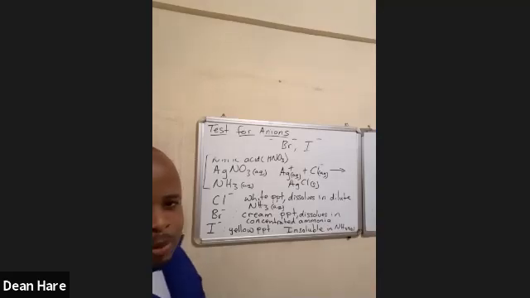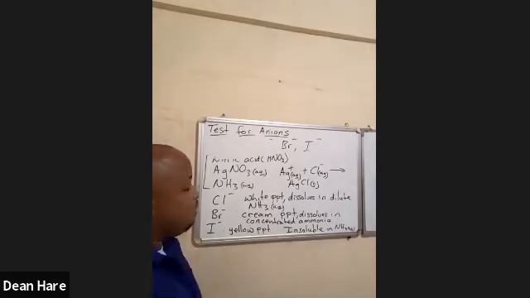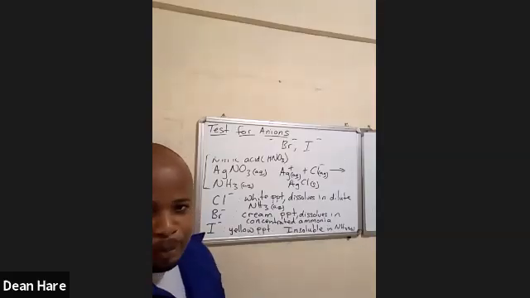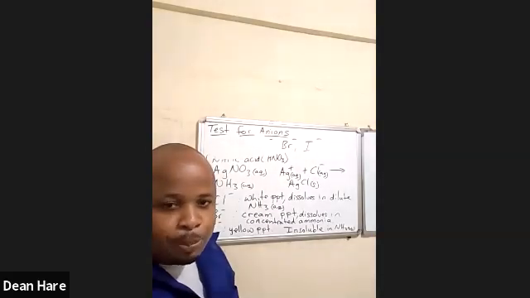This is the answer for the last one. Last one for the 2015, right? What was the observation again for 2015? Or the test, what did it ask? The observation said no observable change. Right, that means no halide ion was present.